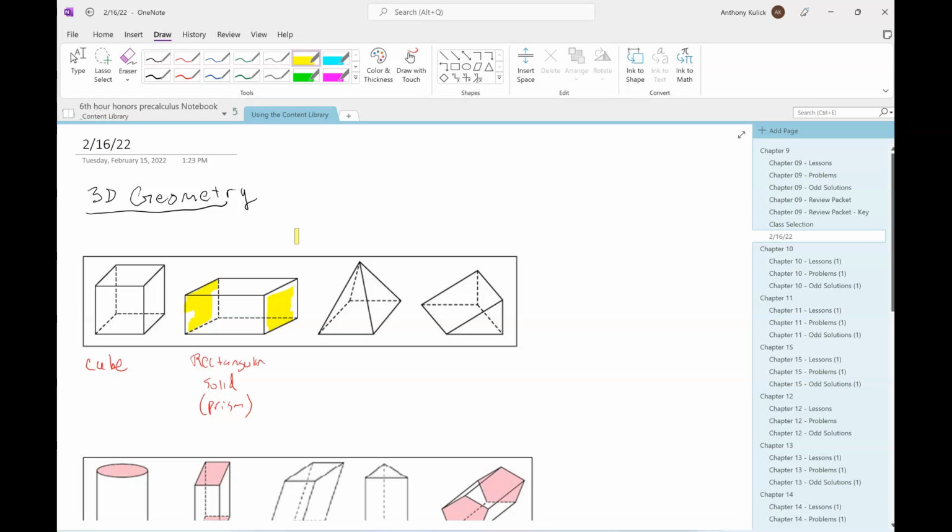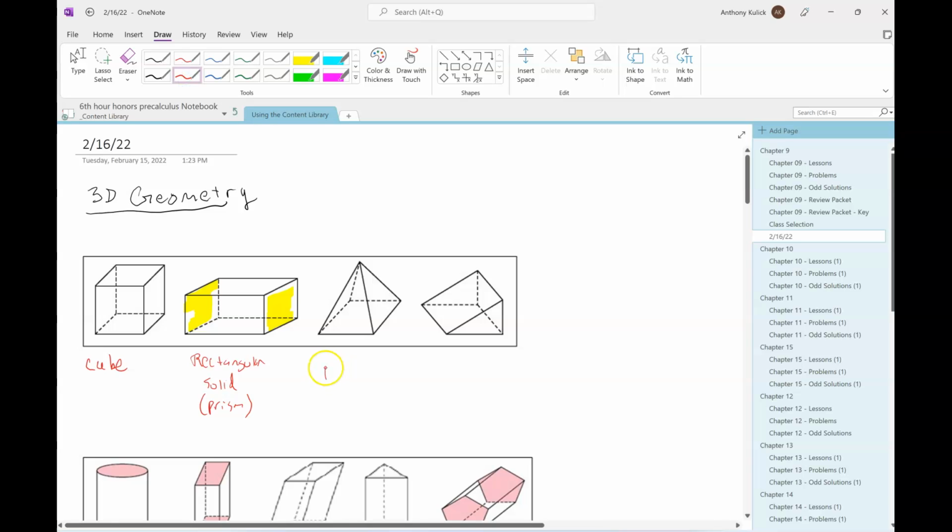So basically, if I take any cross-section that's parallel to those bases and I chop there, the cross-sectional area will be the same as the base. Like if I cut that candy bar in half and I look at it, the end that I cut off is the same as the base, right? Okay.